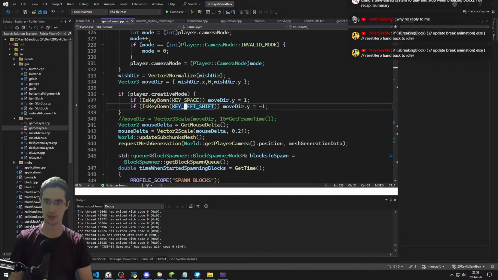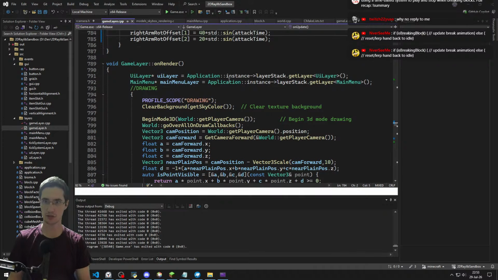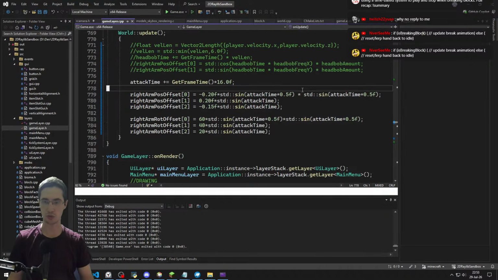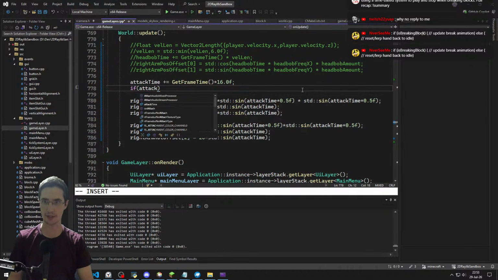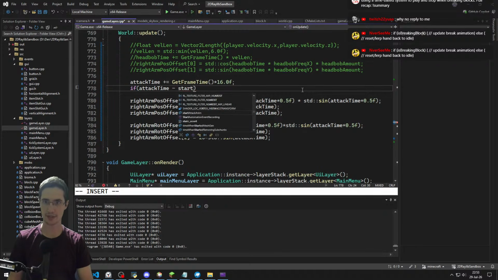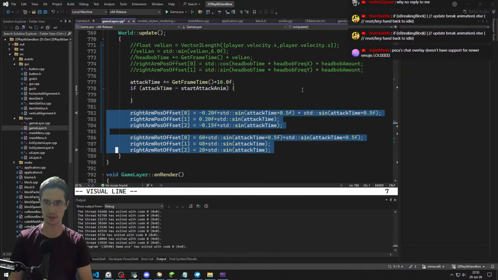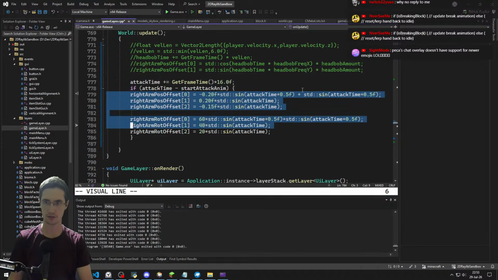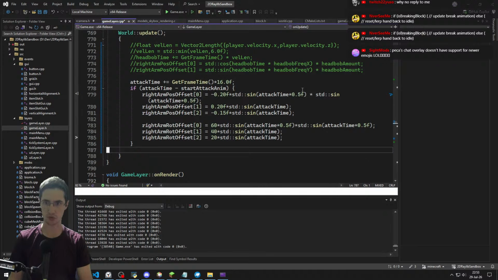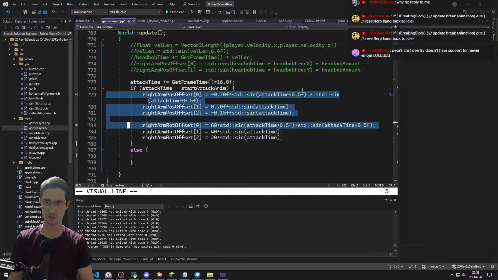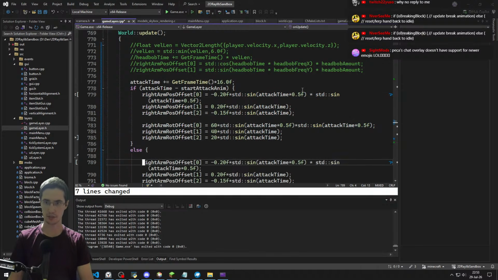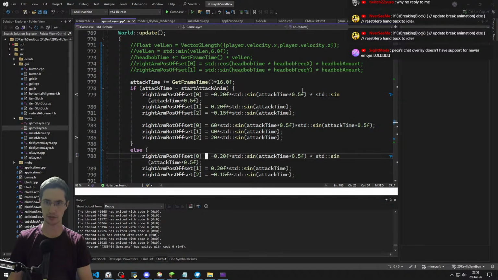And here we do an if attack time minus start attack animation. We do all of this. Else it's zeros probably. Else we restart them to be zeros. But I need to change the conditional a bit.